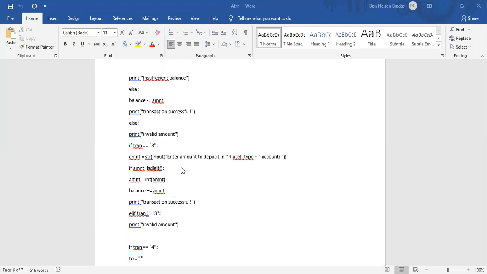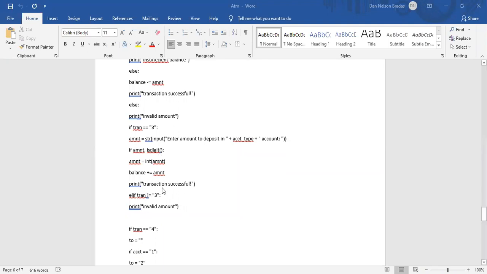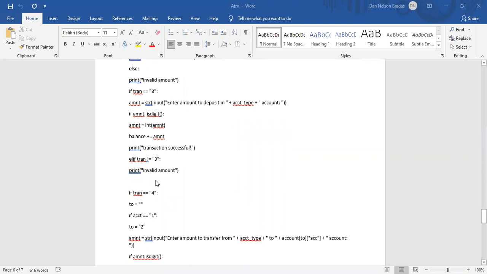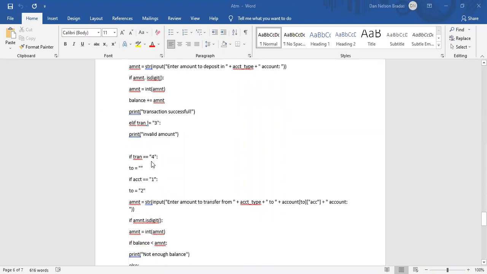If the transaction is assigned to 3, amount is string input: enter amount to deposit in account type, then account. If amount is digit inputted, the amount is integer amount, balance plus the amount, then print transaction successful. Else, print invalid amount.